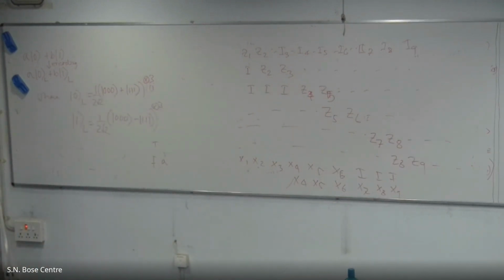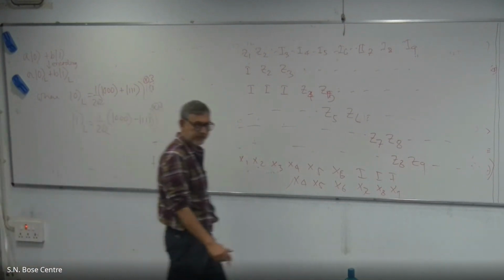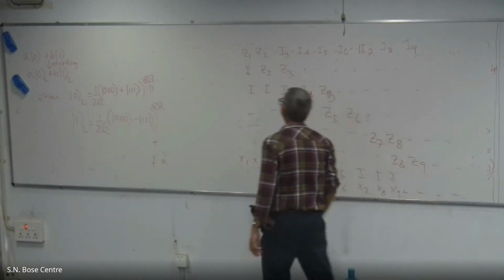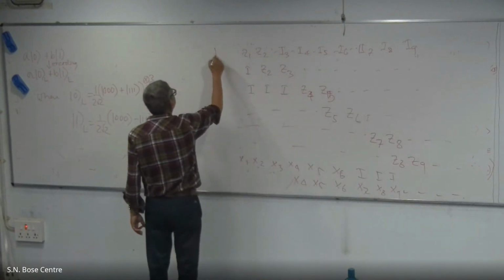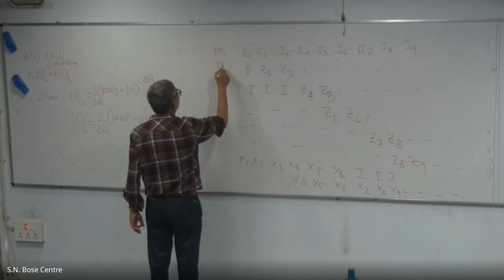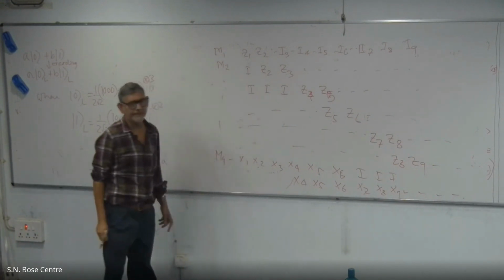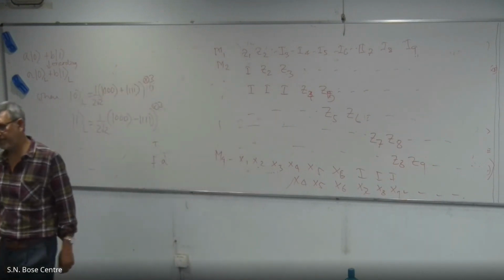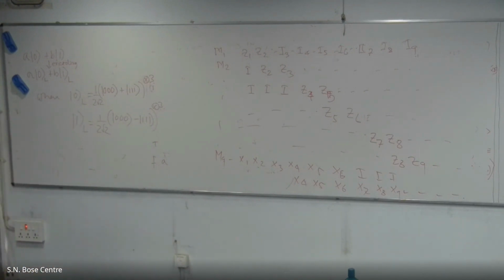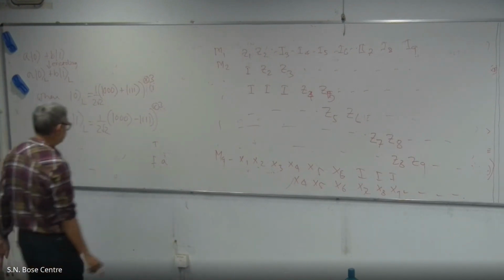I think it is 8. You name them M1, M2, and so on. You can check that they all commute. So there is one remaining: M8.